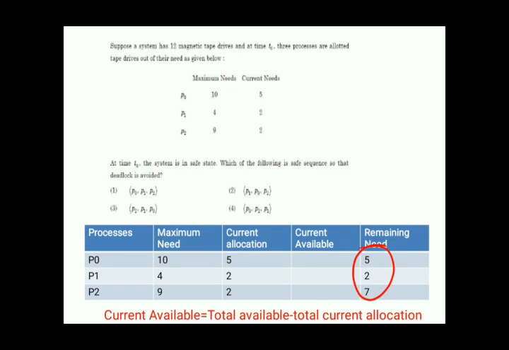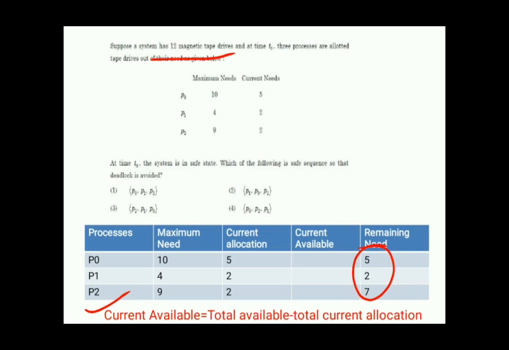Now next we have to find the current available. The formula for the current available is total available minus total current allocation. Here the total available is the maximum available magnetic tapes given in the question, which is 12.